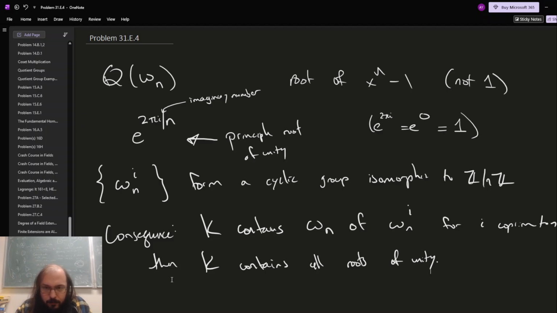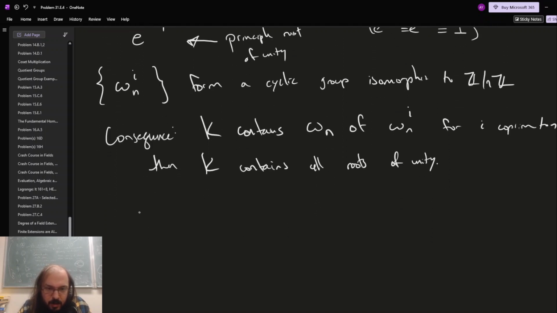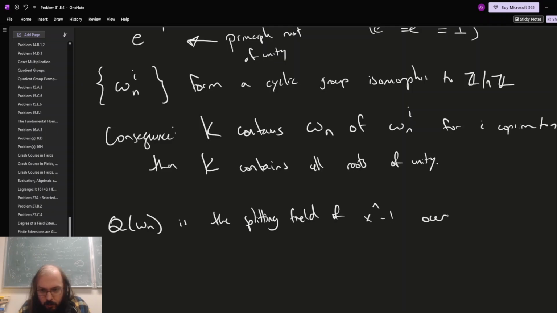That's very helpful because one of the facts that Pinter asks us to prove is that Q adjoined omega n is the splitting field, the root field, of x to the n minus 1 over Q. What we're being asked to prove here is that all the roots of x to the n minus 1 are contained in this thing once you have one of them, and that's what we've said here.